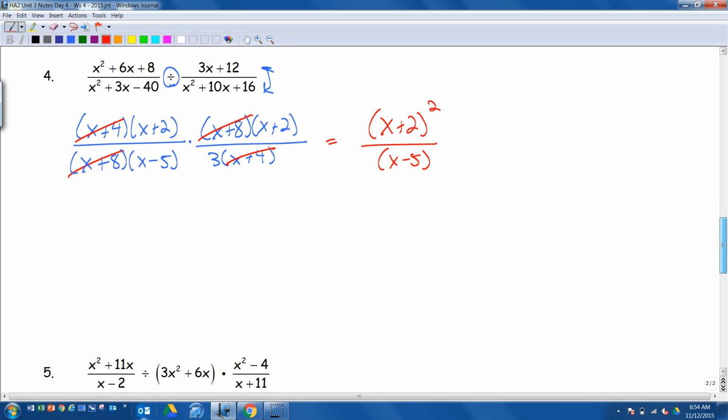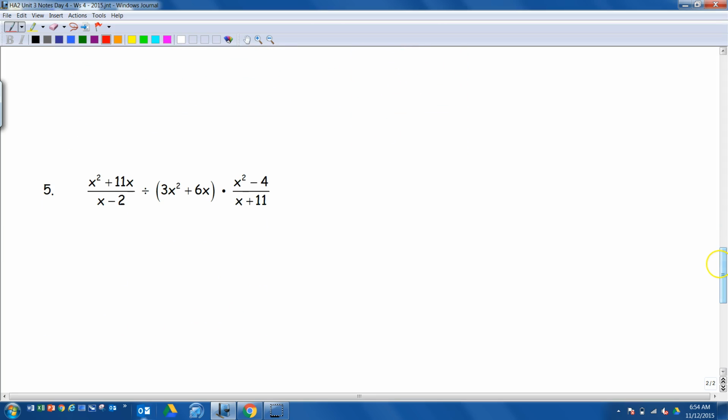Okay, this one has a couple of extra pieces to it, or just one extra piece I should say, but it has 3 pieces total. This is division and then multiplication, so all we have to do is pretend that this is like a fraction of 3x squared plus 6x over 1. And then when we flip it, that'll go to the bottom and the 1 will go to the top. So let's factor x times x plus 11 over x minus 2 times 1 over, factor this, you could pull a 3x out, and you're left with an x plus 2.